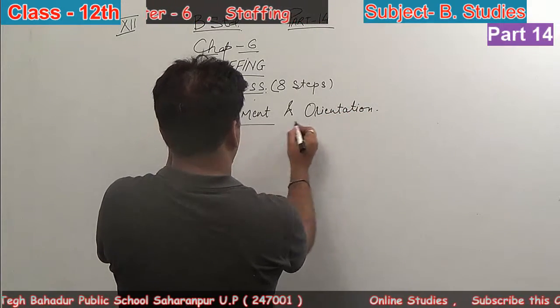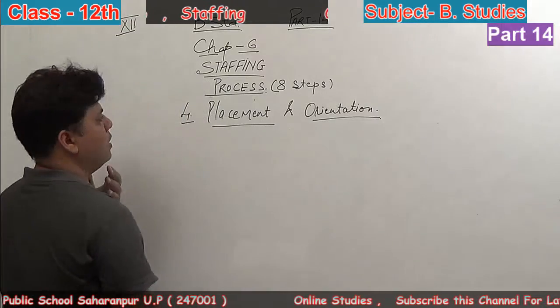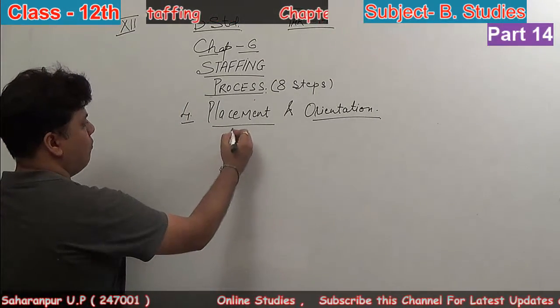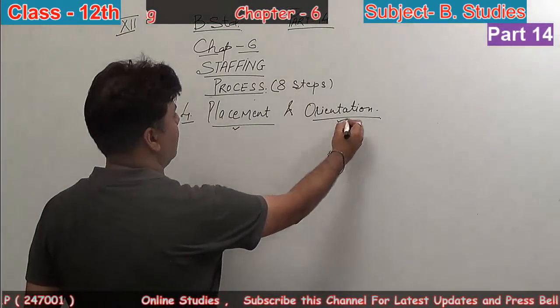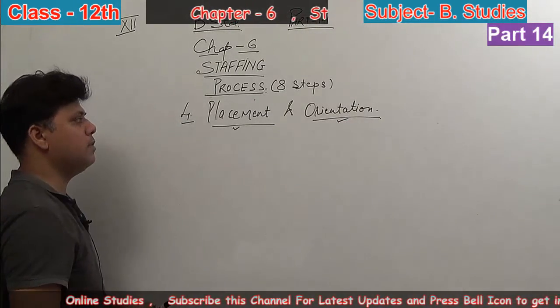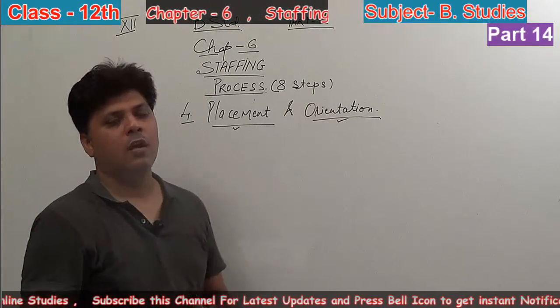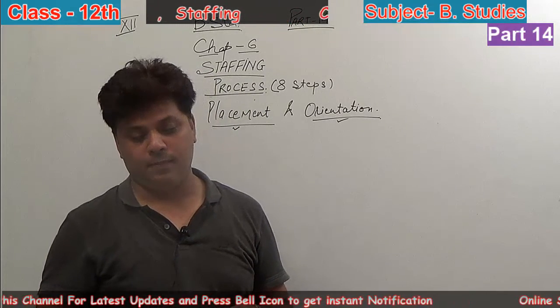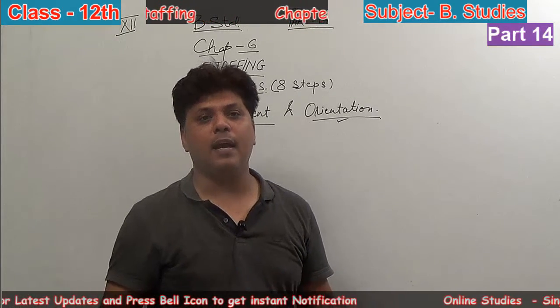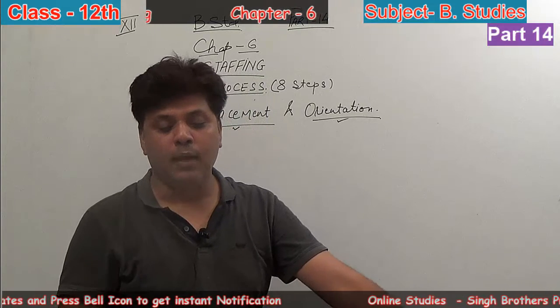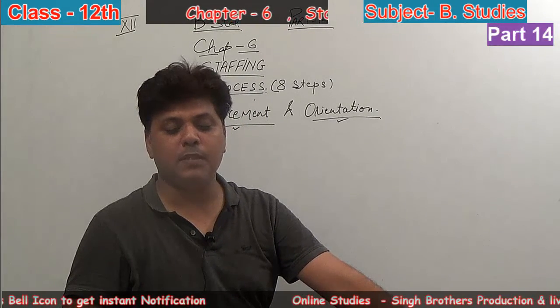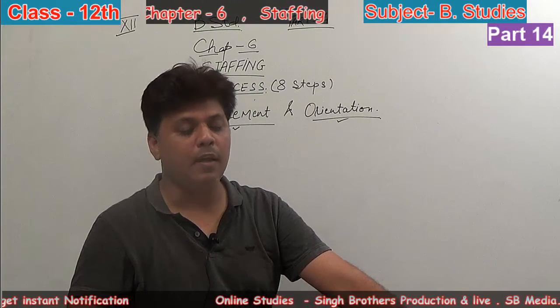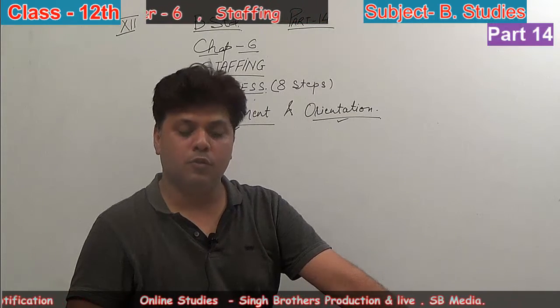Before writing the description of this topic, you have to make clear the meaning of these two terms, placement and orientation. Placement means making the employee familiar with the workplace, where he has to go to work. The employee is given a brief presentation about the company and introduced to his superiors.